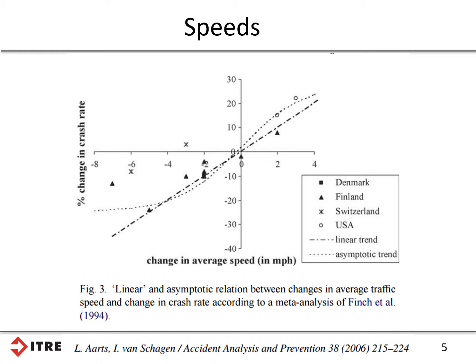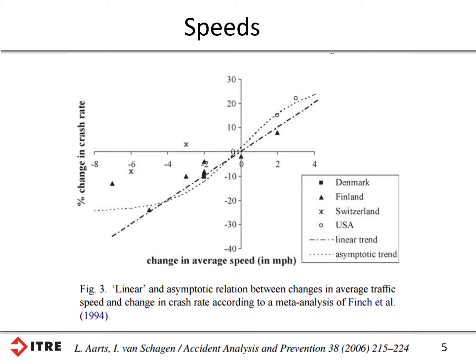And the general finding from this study is that a 1 mile per hour change in average speed results in a 5% change in the crash rate. So if we can reduce the average speed by 1 mile per hour, we're going to reduce the crash rate by 5%.